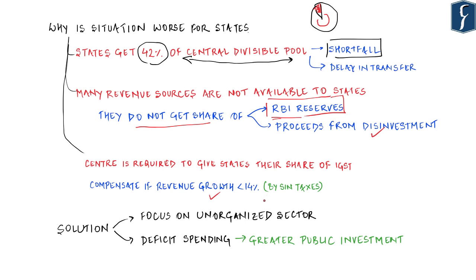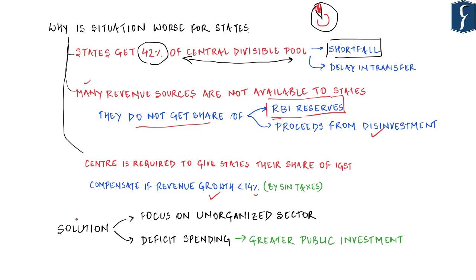As we have seen, due to the recession in the auto sector, this component has been reduced very significantly, and the center is apparently holding back the states' share of IGST and arguing that the cess collection is inadequate to compensate the states for their shortfall. So overall, you can see that the condition of states is even worse as compared to the central government, as they do not have enough resources to minimize their revenue shortfalls, and they do not get any share in the extra mobilization of resources by the central government.